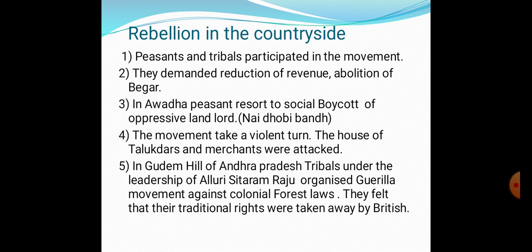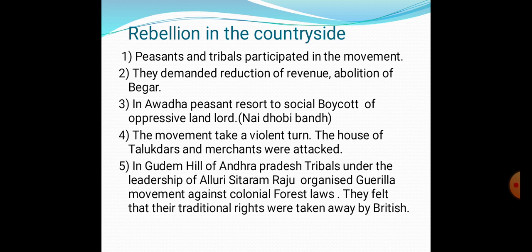Their leader was Baba Ramchandra, who returned from Fiji, where he had acted as an indentured labor, and became the leader of the peasants in Uttar Pradesh. The movement took a violent turn. The houses of talukdars and merchants were attacked. Their grains were looted and their registers were burned down.